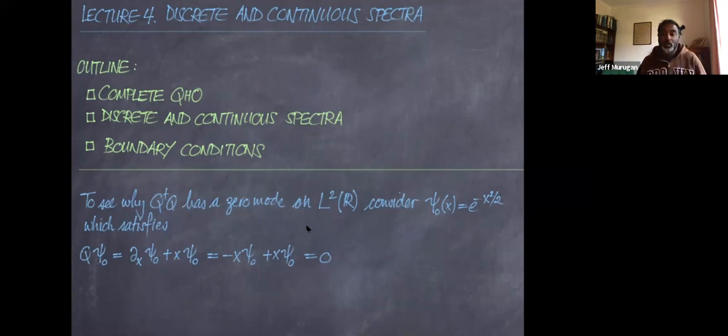Well, if it's a 0 mode of the operator Q, and then I act on that from the left with Q dagger, then it necessarily follows that it's also a 0 mode of Q dagger Q. So it's an eigenfunction with eigenvalue 0. Is that clear?